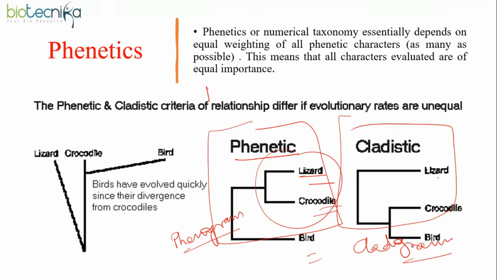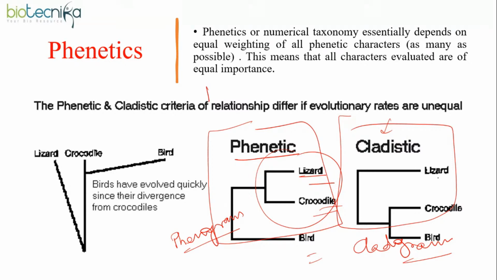Okay, so next is cladogram. So, what does cladogram do? Cladogram says how the organisms are related to their ancestors. So they will give us an idea about their ancestral relationship, how they have evolved. They are going to give us an idea about their evolutionary history.